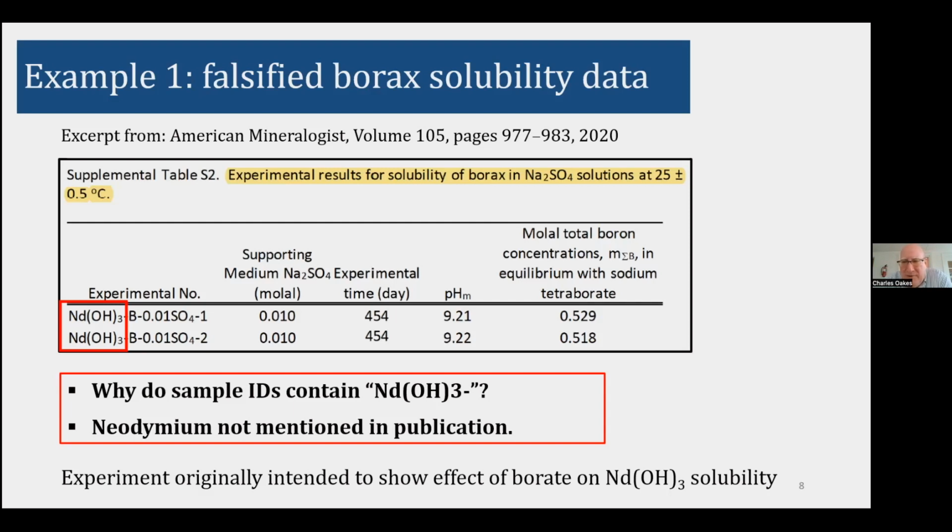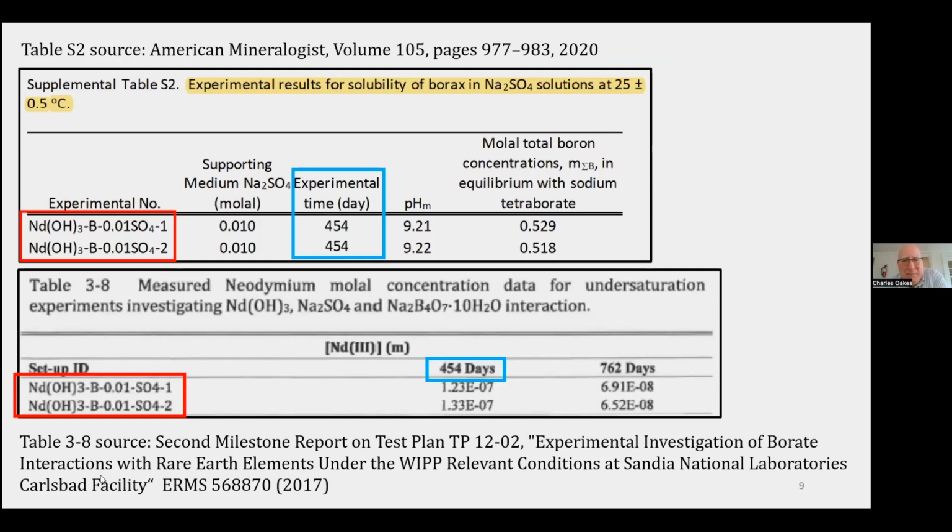So I searched for those sample IDs, and I found this. And at the bottom down here is a table. It's excerpted from a government report that I found, and it has these sample IDs down here.